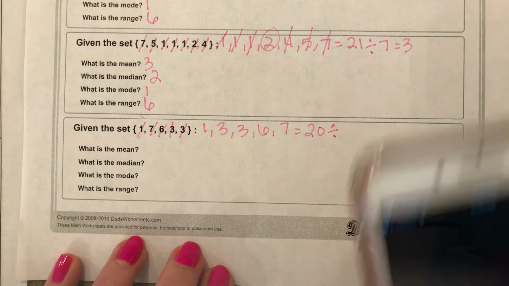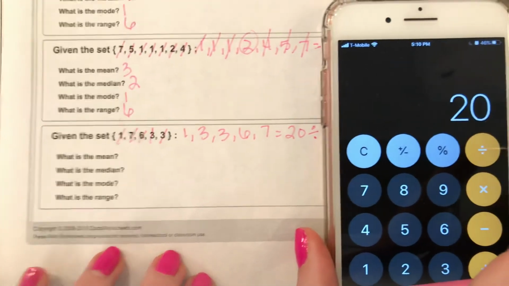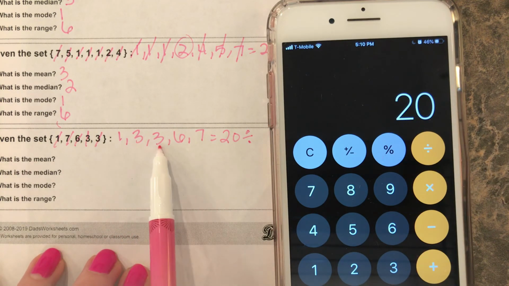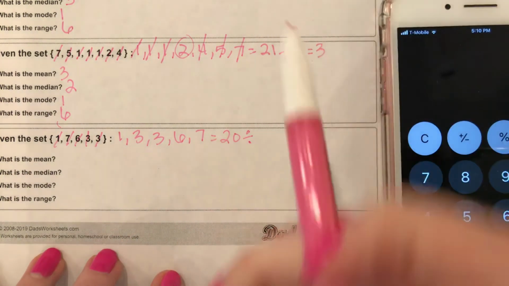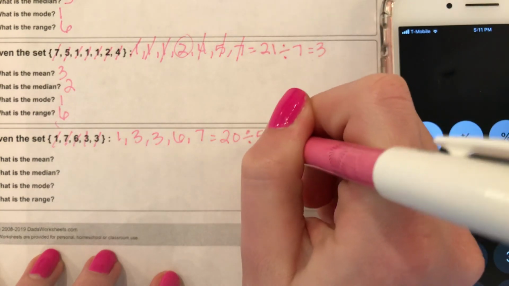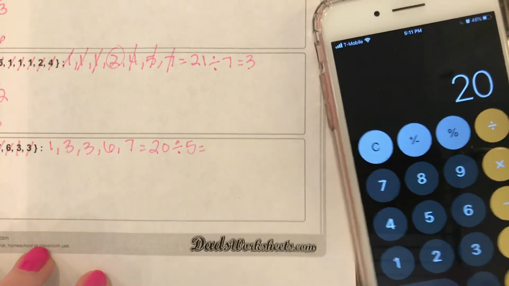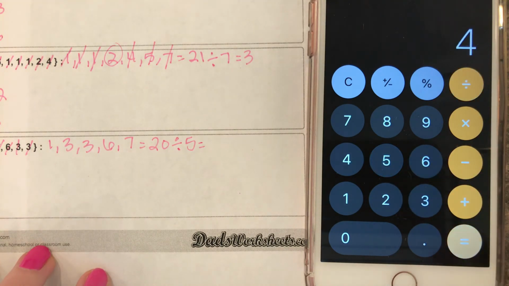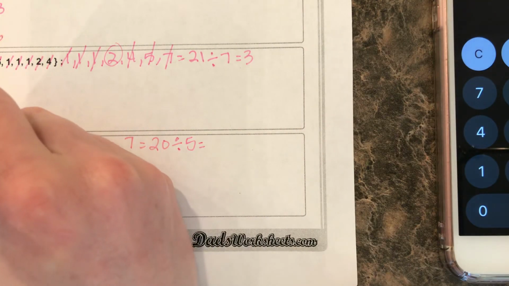Step 2, divide by the number of numbers in our set. So we had 1, 2, 3, 4, 5 numbers this time. Okay. We're going to take our total and divide it by 5, which gives us 4 as our average.